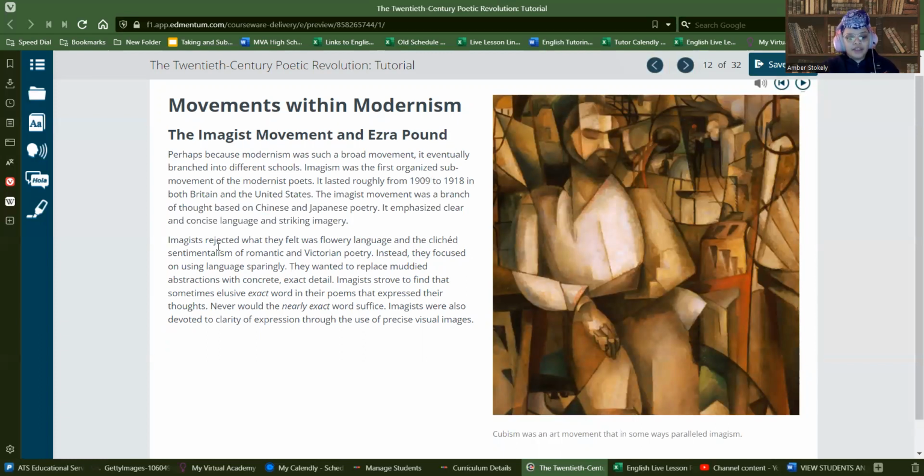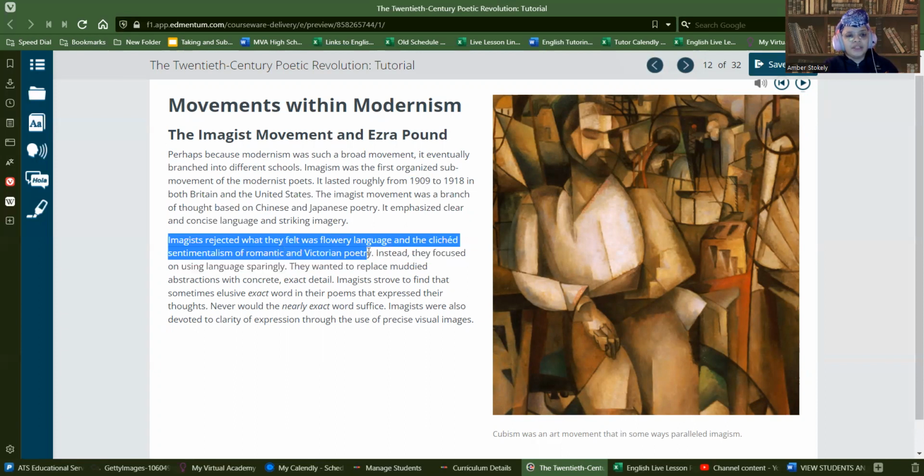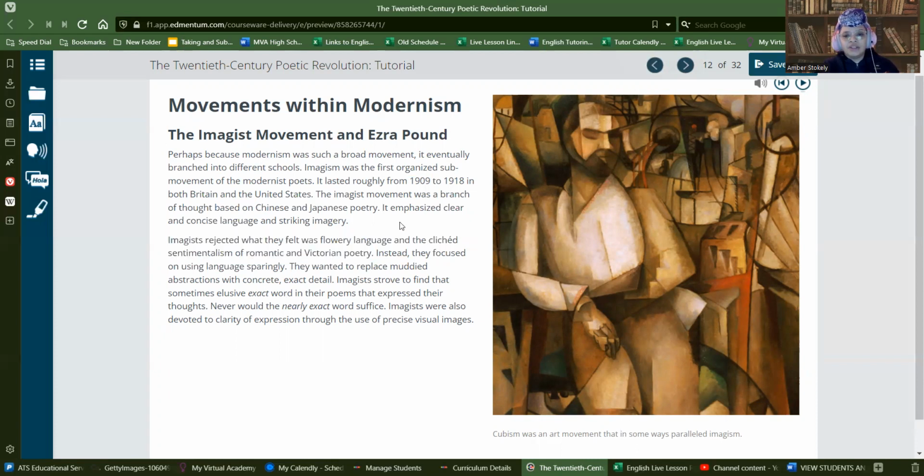Now, the point of Imagism was to reject flowery language and cliched sentimentalism of the romantic and Victorian poetry. We talked about that just on the last slide, trying to get away from the pretty and beautiful things that we've heard over and over. So they focused on using language sparingly.